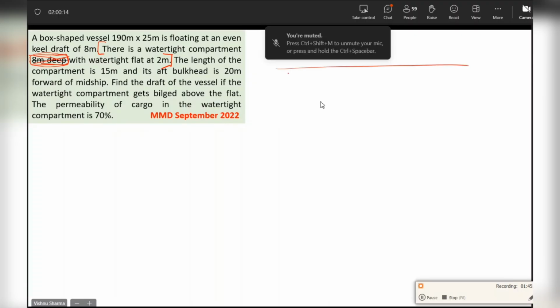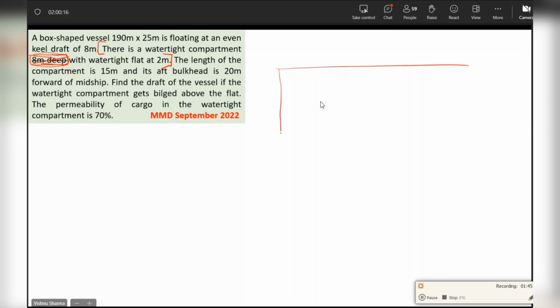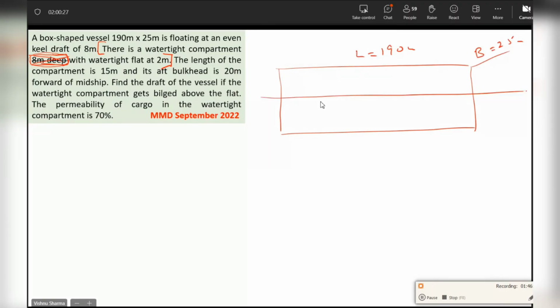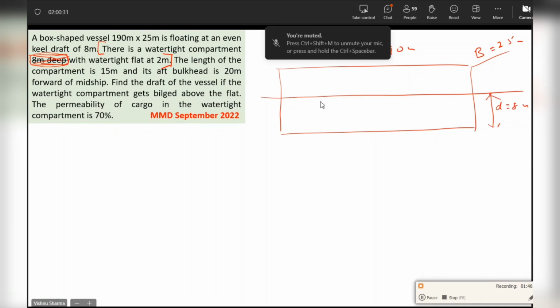So basically, as per Captain Dubey's book solution, the question is like this. Length 190 meters, breadth 25 meters, even keel draft of 8 meters. There is a watertight compartment.